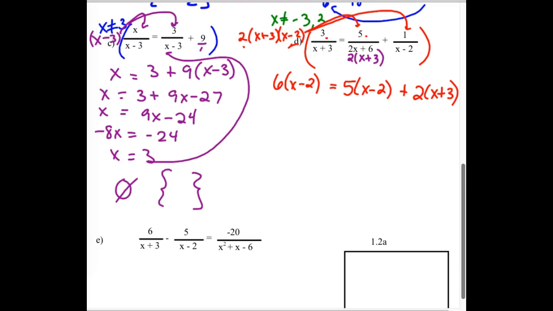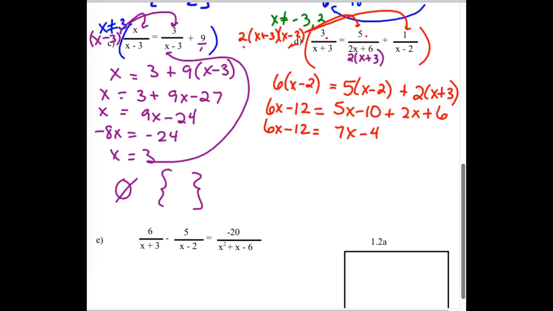All right, distributing. We get 6x minus 12 equals 5x minus 10 plus 2x plus 6. Combining like terms on the right-hand side, we end up with 7x minus 4.